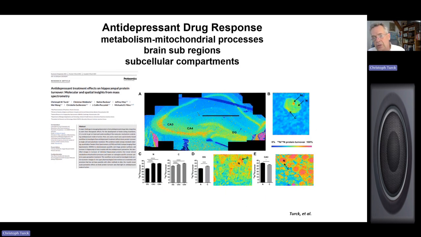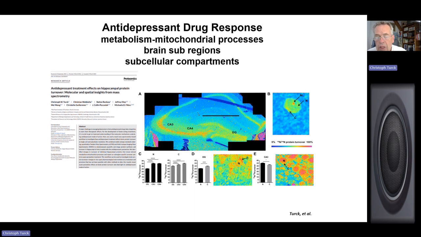And this is probably too much detail here, but she found differences in different brain regions and also in organelles between the treated and non-treated mice, treated with paroxetine.